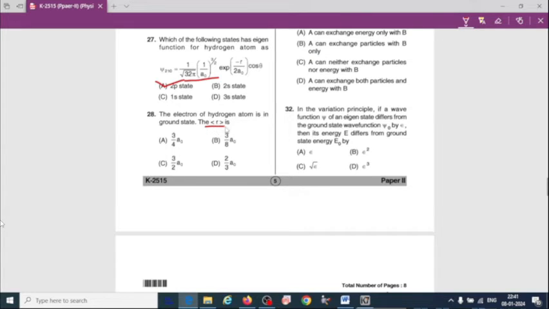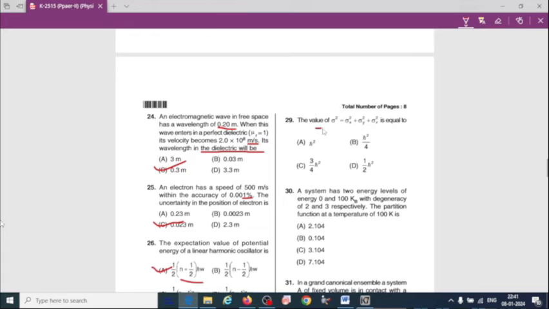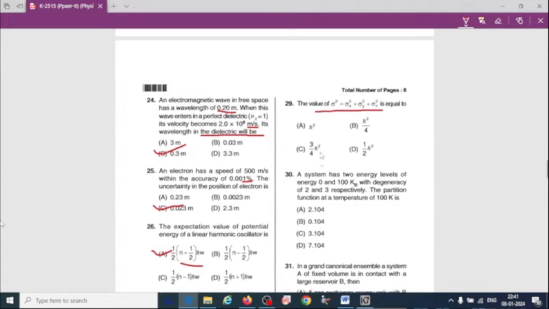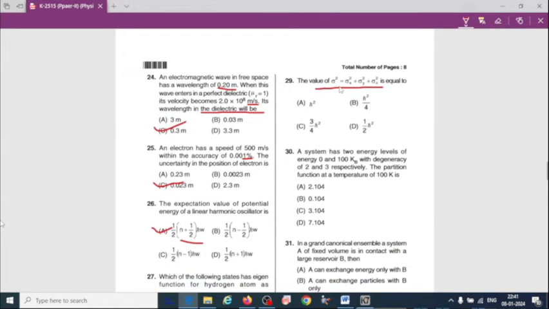The expectation value of r is option C, 3 divided by 2 a naught. The value of sigma square is option C, 3 divided by 4 h cross square.